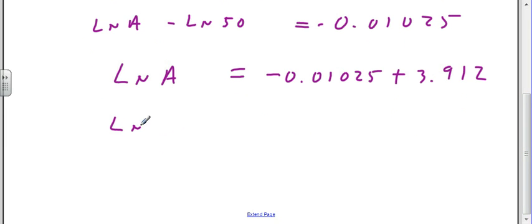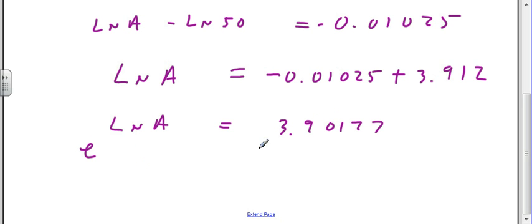And so natural log of a is equal to 3.912 minus 0.01025, which is 3.90177.